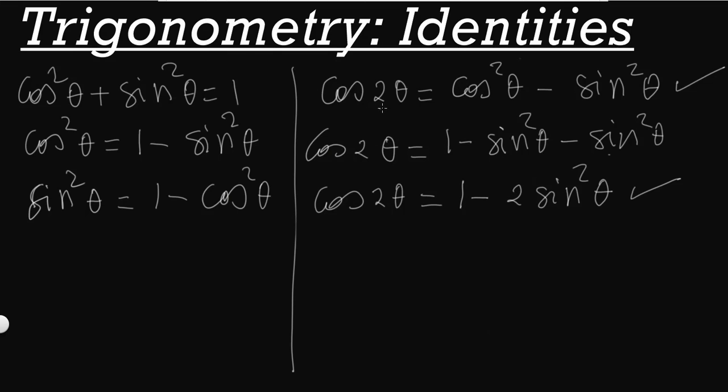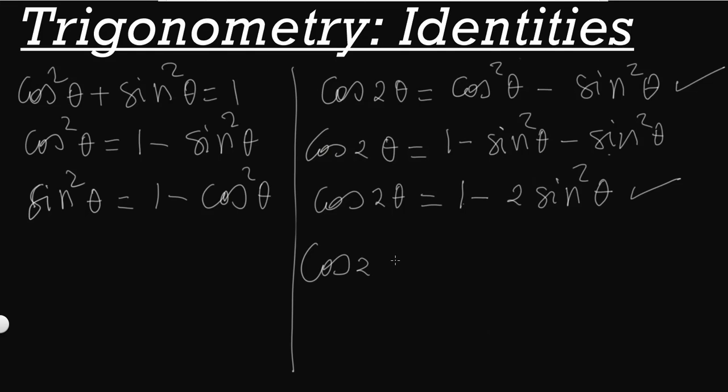So this is another identity, this is a second identity. So when you have cos 2 theta, you can change it to cos squared theta minus sin squared theta, or it can be 1 minus 2 sin squared theta. Now, instead of sin squared theta, let's replace sin squared theta by 1 minus cos squared theta.